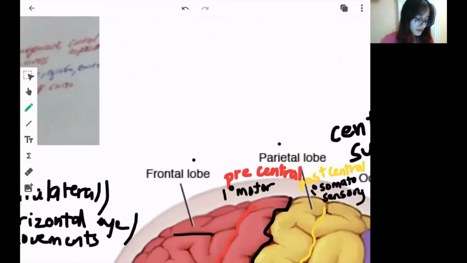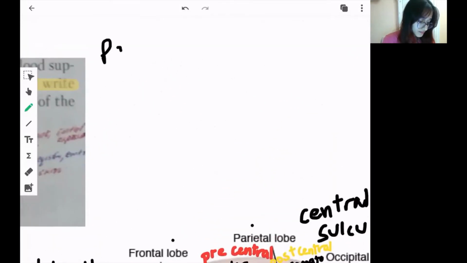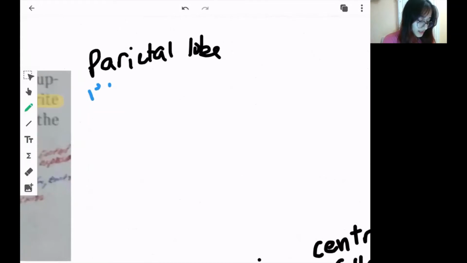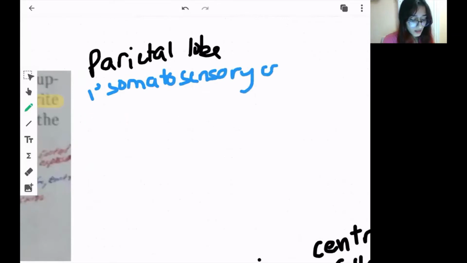Next, the parietal lobe. The parietal lobe has the primary somatosensory cortex, which is present where? In the postcentral gyrus.